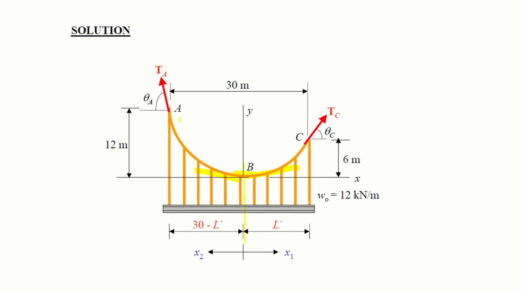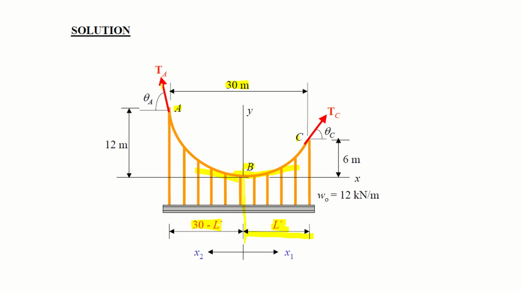So there are two segments AB and BC. You have given the name L dash to the horizontal projection of cable BC, and since the total horizontal span is 30 meter, this will be 30 minus L dash, which is the horizontal projection of segment AB.